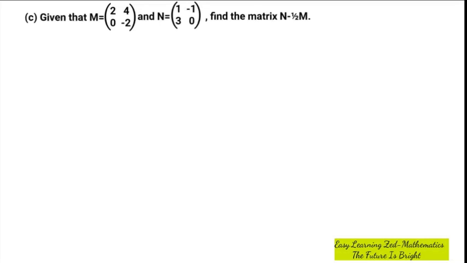Question 1c was as follows. Given that m is equal to the matrix (2, 4; 0, negative 2), and n is equal to the matrix (1, negative 1; 3, 0), find the matrix n minus 1 over 2 m. Okay, so what we're going to do now is write the expression that we need to find.